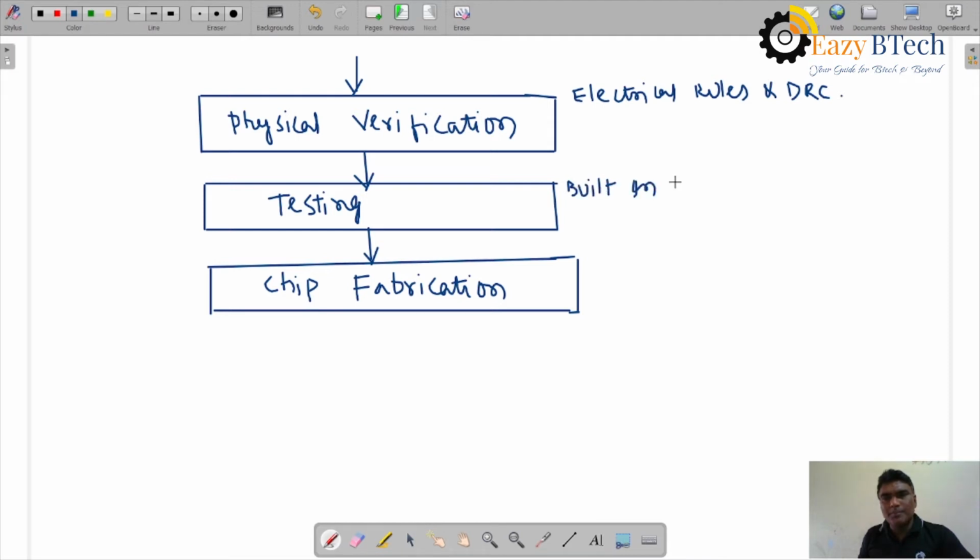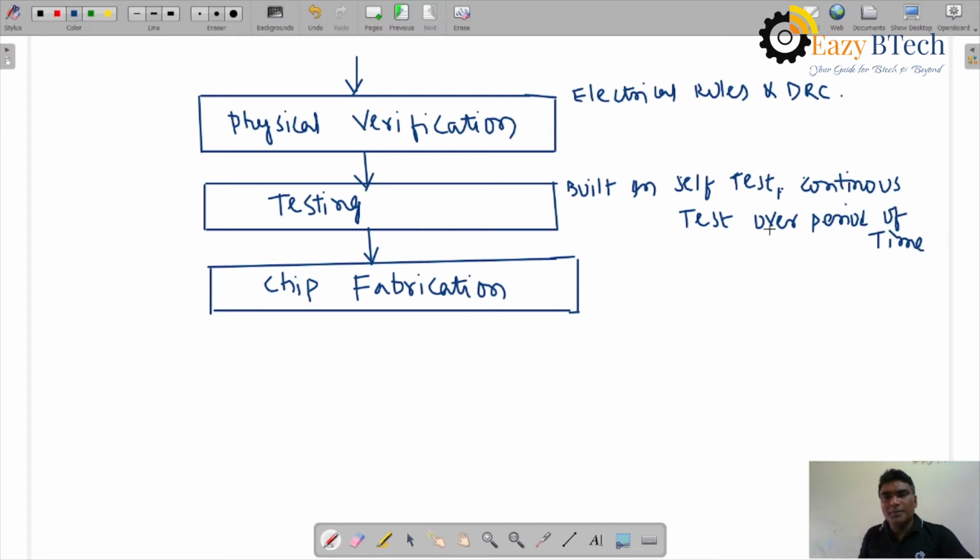Built-in self-test is a continuous test over a period of time.